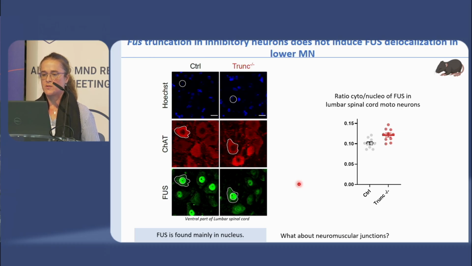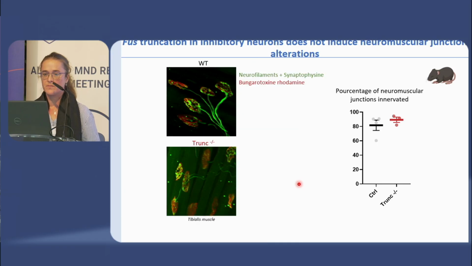So next question, what about the neuromuscular junctions? So there we use some tibialis muscle and decided to make two labels of the neuromuscular junctions to look if the rate of innervated junctions is the same or not. And there we obtain, again, no difference between our control mice and truncated mice.